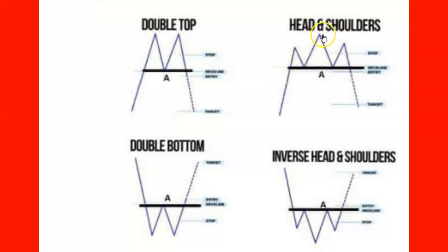The head and shoulders pattern is a bearish pattern. So if you spot it on a chart and you want to take a trade, you would be looking to short whatever it is that you're looking at on that chart. In our case, we'll be looking at Ethereum. So a head and shoulders is a bear pattern.